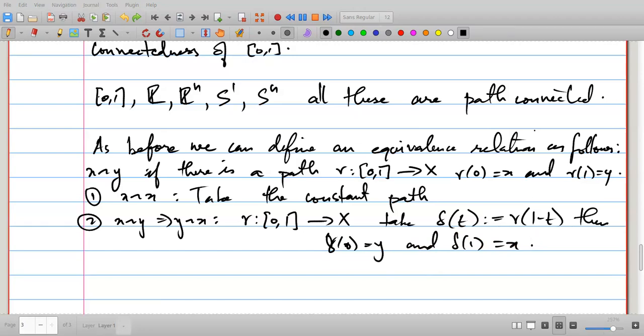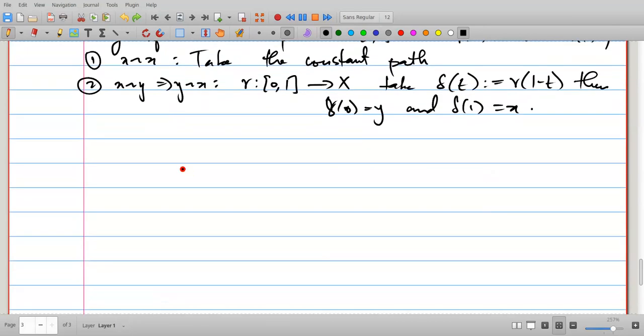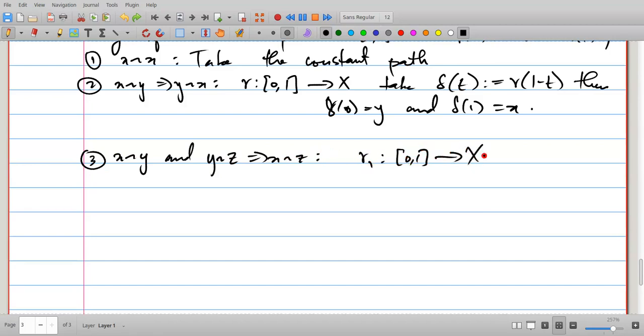And the last condition we have to check is that x equivalent to y and y equivalent to z implies x is equivalent to z. So x is equivalent to y, so there is a path gamma 1 from [0,1] to X which begins at x and ends at y.